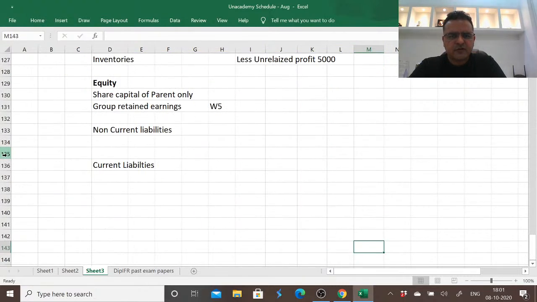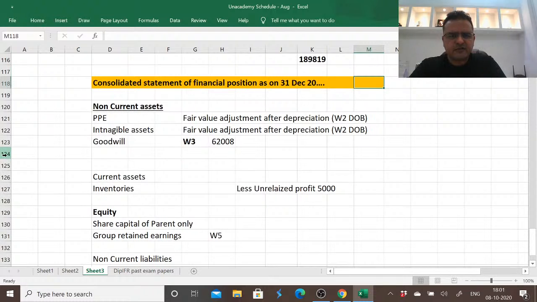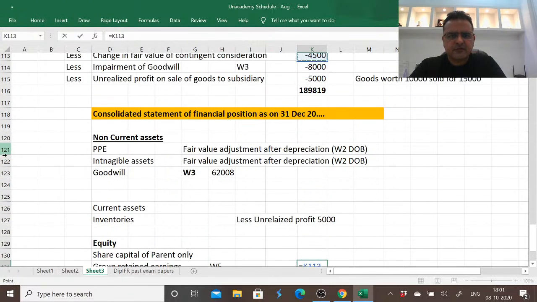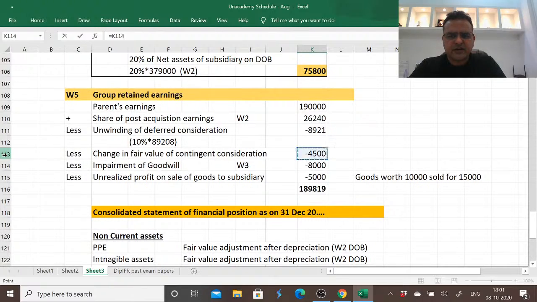So goodwill will be included after impairment in the books at 62,008. Group retained earnings included in the balance sheet at 189,819.